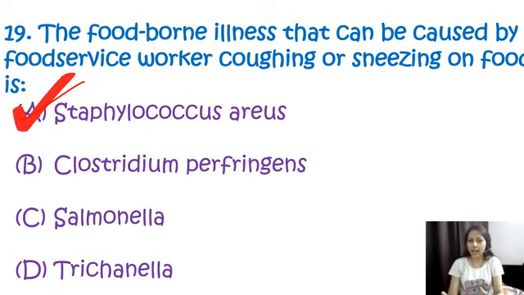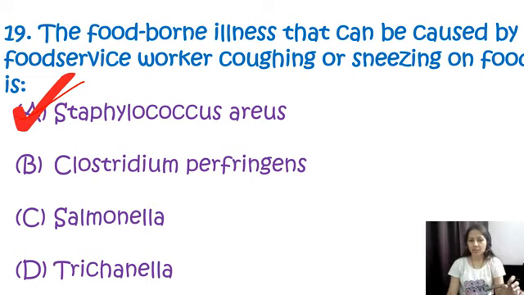If a food handler carrying Staphylococcus aureus coughs or sneezes over the food, what happens? This bacteria can be transferred to that food product, where it can multiply and produce toxins, which can cause illness when consumed by the consumers. So over here correct option is A, that is Staphylococcus aureus.